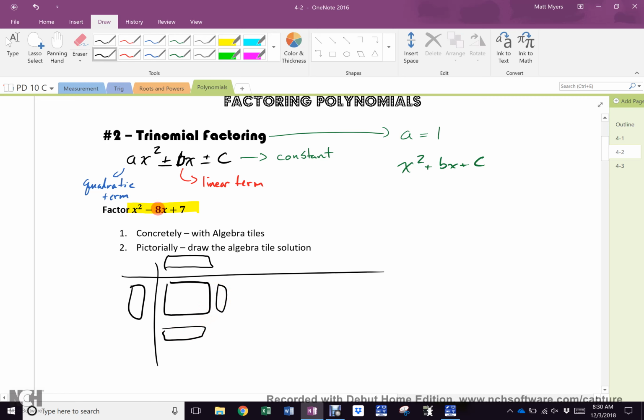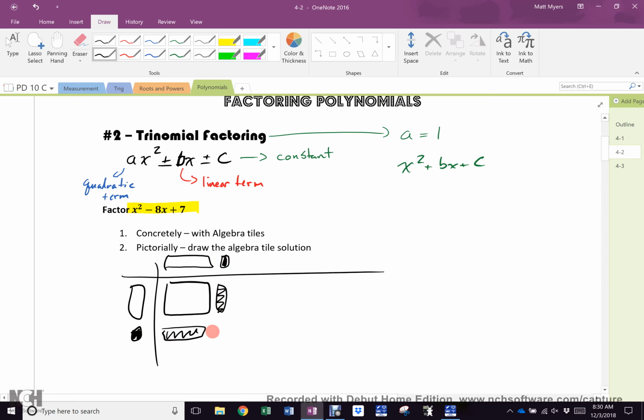No, there isn't. So since this is positive, but both of these have to be negative, what do I got to put here? A negative. Everybody good? So what does that make these? Negatives. How many do I need? 8.